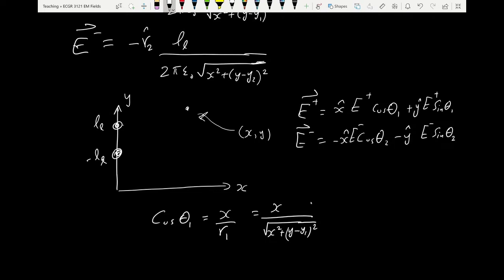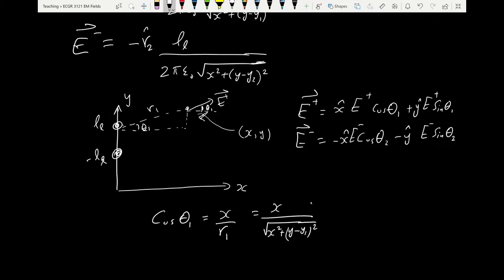So there's going to be a distance r1, and then there's going to be the E plus field, right? And then there's going to be theta 1, right? Notice that theta 1 here will be equal to theta 1 here. This is from basic geometry, right?